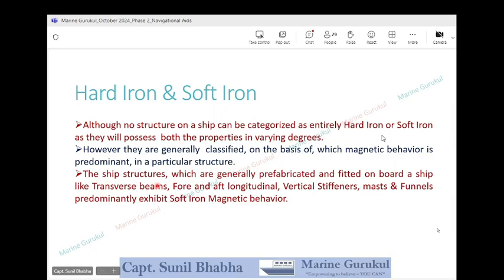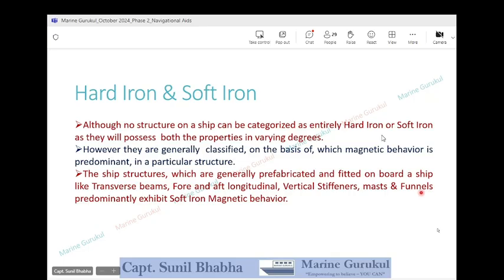The ship structures which are generally prefabricated, meaning they are made in the factory or in the yard and fitted on board in situ, could be the transverse beams, the fore and aft longitudinals, the vertical stiffeners, the mast, the funnel.